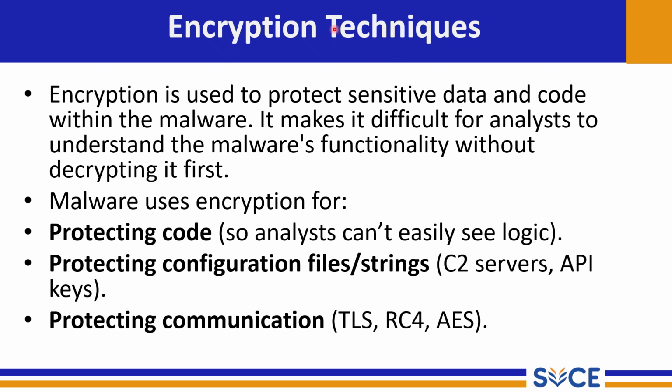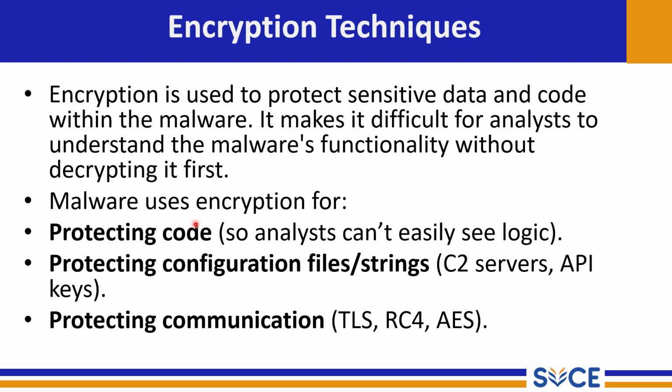So the next topic is encryption techniques. Here encryption is used to protect sensitive data and code within the malware, so that it makes it difficult for the analyst to understand the malware's functionality without decrypting it first. So malware uses encryption for protecting the code, so analysts can't easily see the logic.